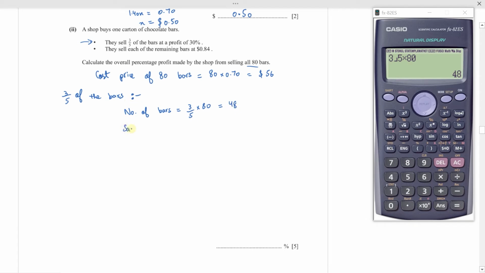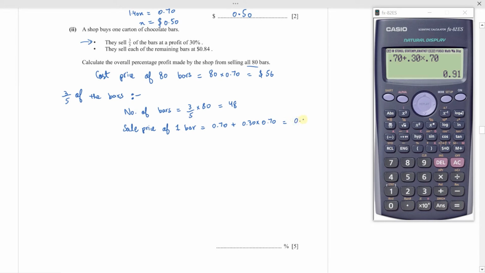Now the sale price of 1 bar. So 30% profit means your cost price is $0.70 plus the 30% profit, which is 0.30 of 0.70, the cost price. So your 30% profit of your cost price. So this will be 0.70 plus 0.30 into 0.70.